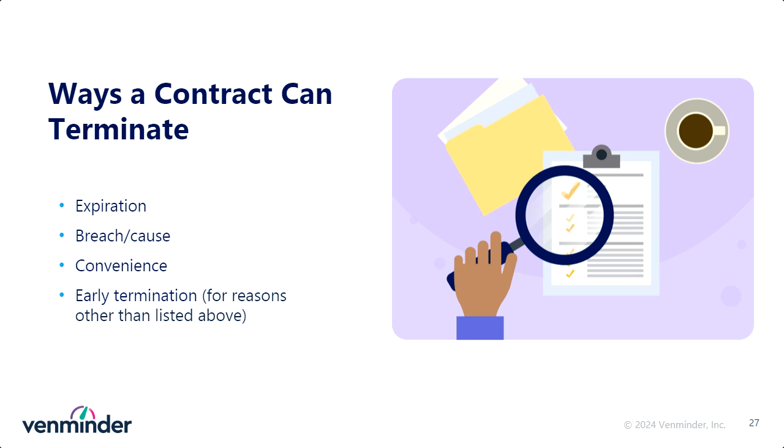If that's what you want to have with your vendor, be sure that that is clearly outlined in the contract. And then there could be reasons other than above for an early termination. Maybe it's related to bankruptcy or some government regulation, maybe some significant privacy concern or something like that. There could be other reasons that a contract could terminate early.